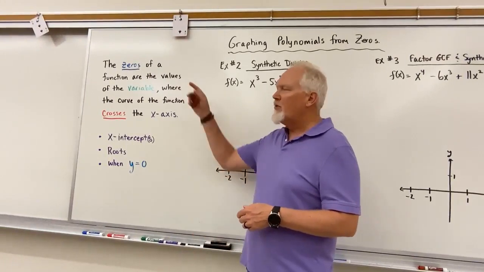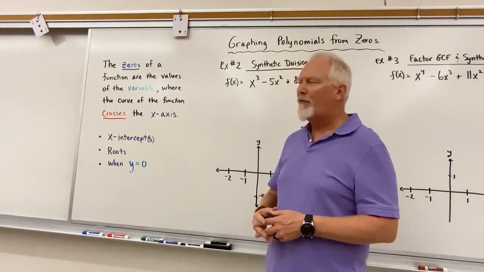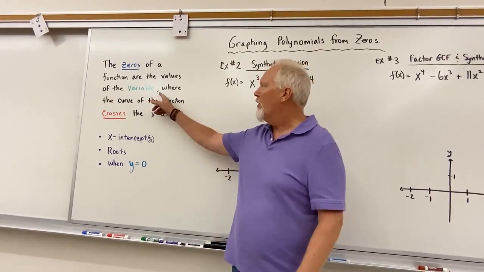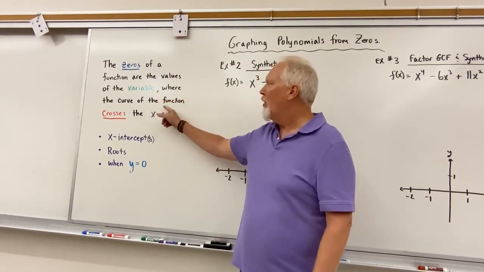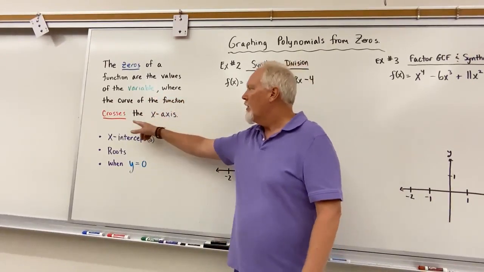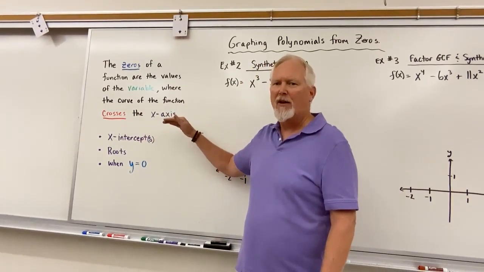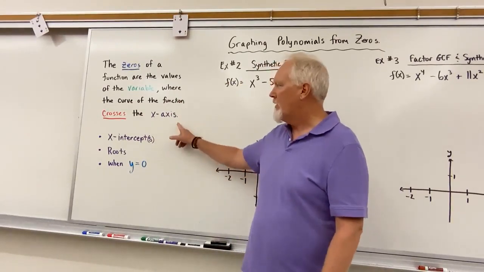All right, the zeros, what are the zeros? The zeros of a function are the values of the variable, typically the x value, where the curve of the function crosses the x-axis. So when we say the zeros, we're really looking at what are the values of x where the function crosses the x-axis.